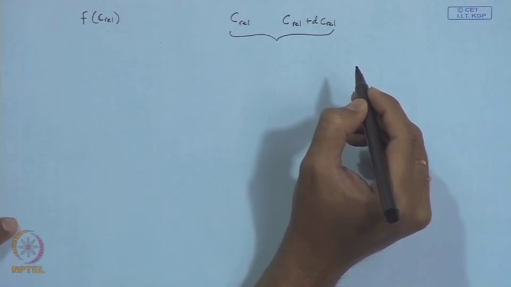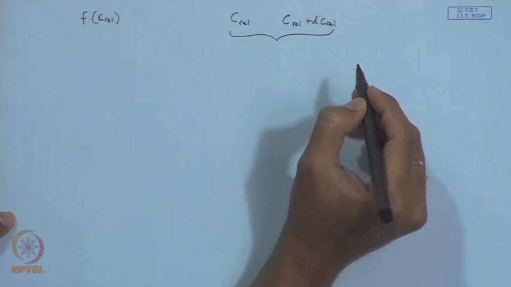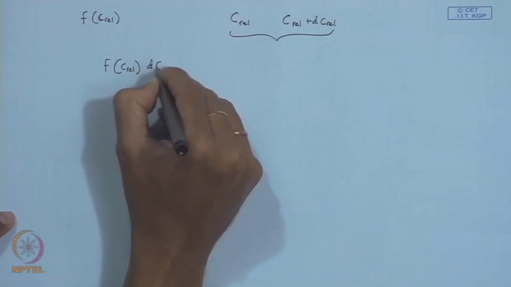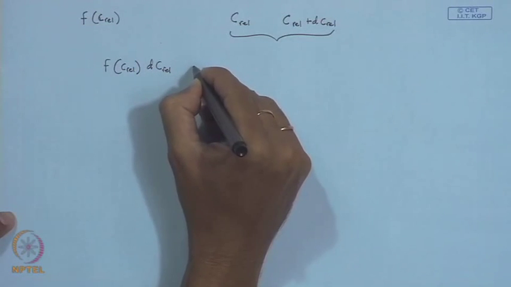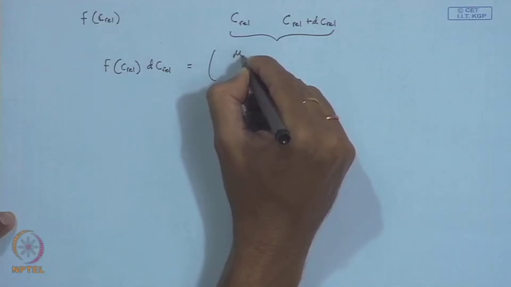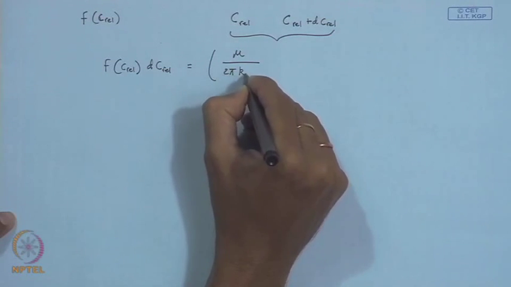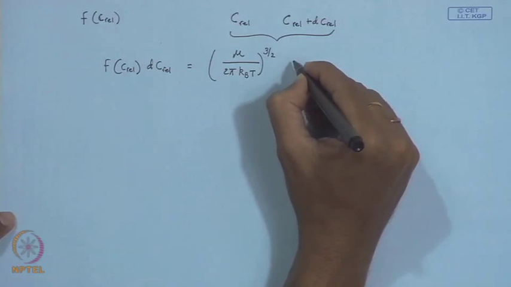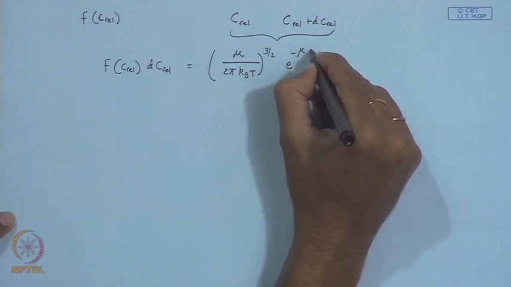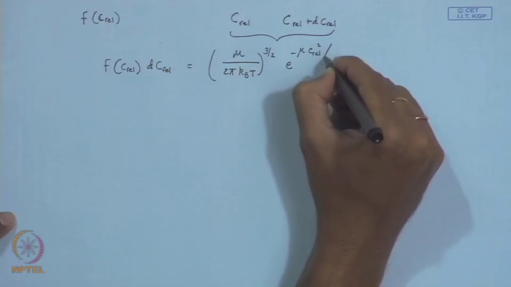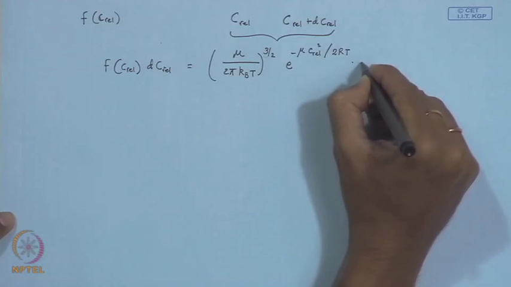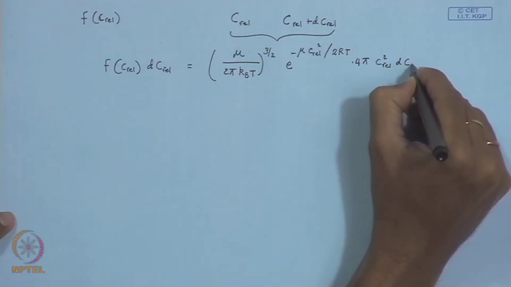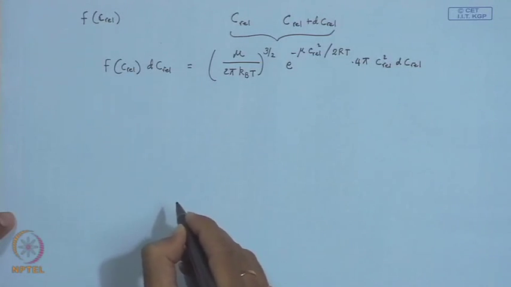In that case we have to use the Maxwell's velocity distribution: f of c relative dc relative is equal to mu by 2 pi kbT to the power 3 by 2, it is a 3 dimensional case, that is why it is 3 by 2, e to the power minus mu c relative square by 2 RT, into 4 pi c square relative dc relative.